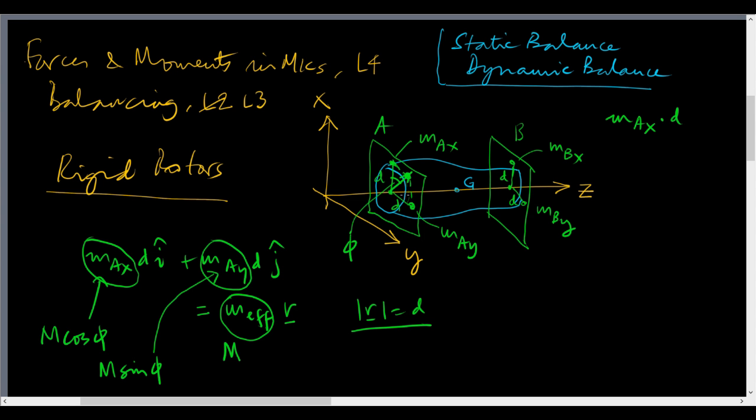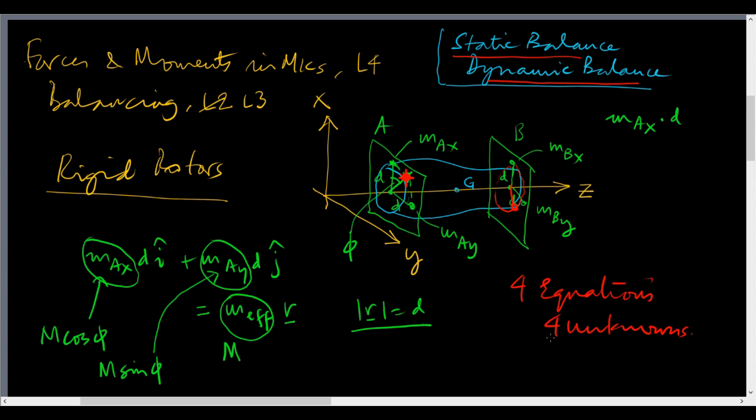So really the conclusion is that we may just have to add some mass here and maybe some other mass at some other angle, maybe here, and then we would have both static and dynamic balance. Now, in terms of what these masses are, I showed you 4 equations, 4 unknowns.